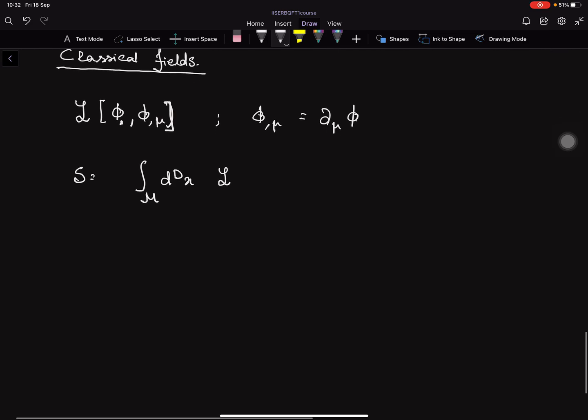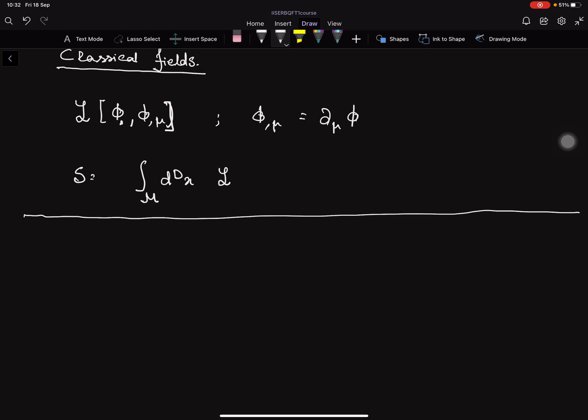Okay, now we do the same thing. Now we want to find the classical equation of motion. We are trying to find the classical equation of motion for classical fields.